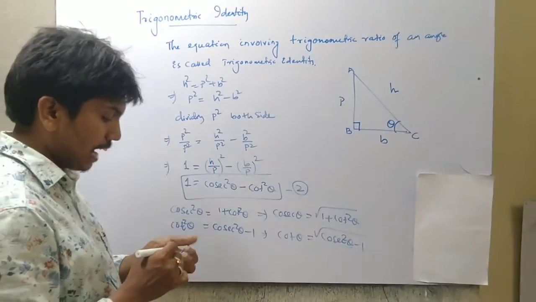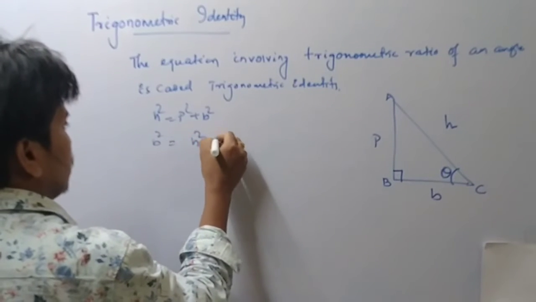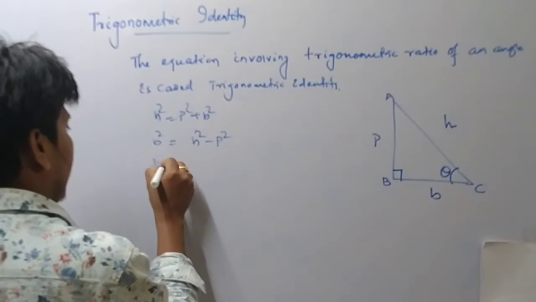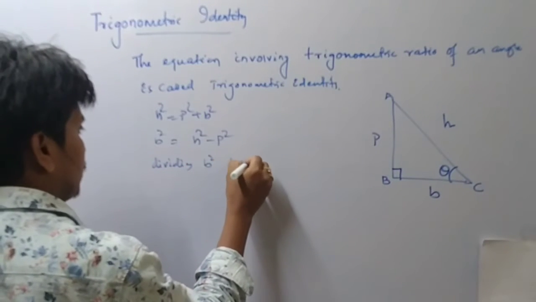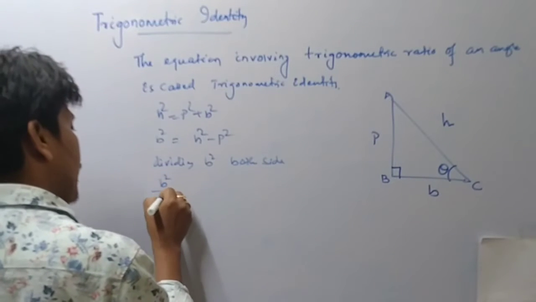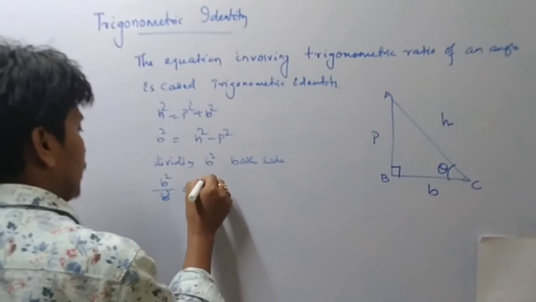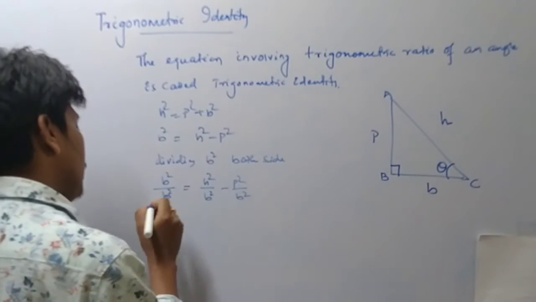Next go to the third formula. Here P square is equal to H square minus B square. Now dividing by B square on both sides, we get 1 is equal to H square by B square minus P square by B square.